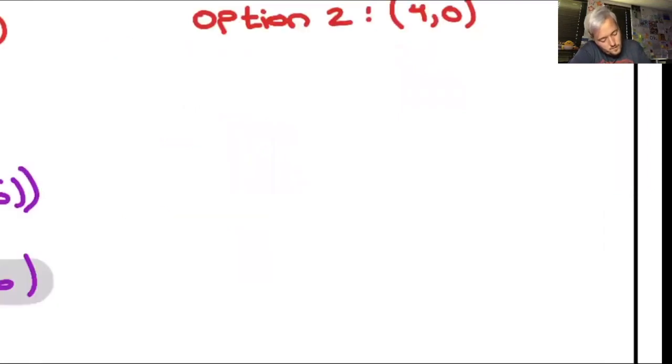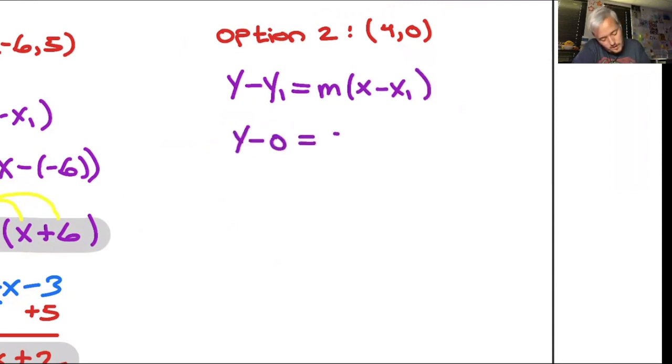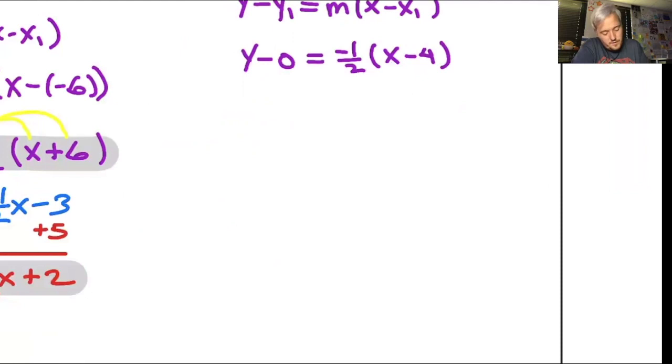As mentioned before, it doesn't matter what point you use. So y minus y1 and x minus x1. All right. So plug in the point. So y minus 0 equals negative 1/2 x minus 4. Now, if you look here, y minus 0, well, that's just y equals. So we're off to a great start.